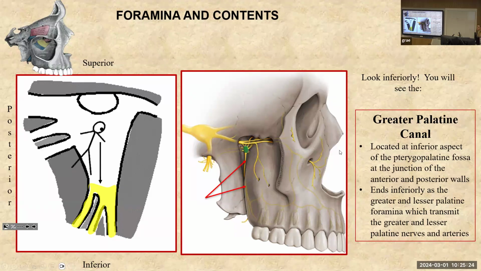Okay. And so when you do the oral cavity, again, these will be the players that come into the oral cavity to give innervation to this aspect of the palate.